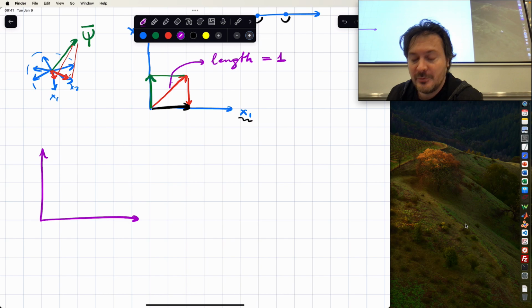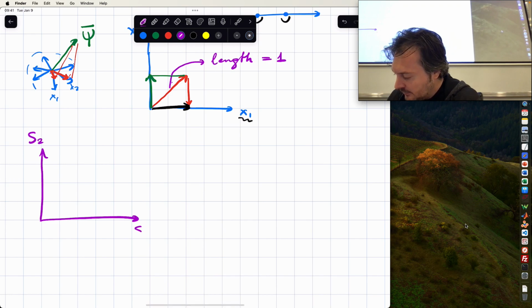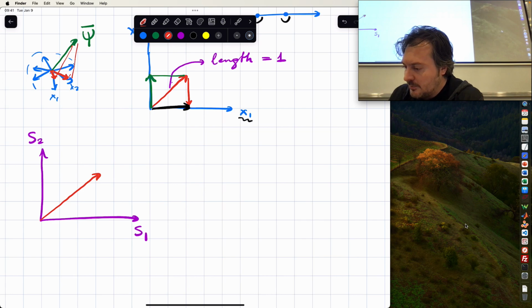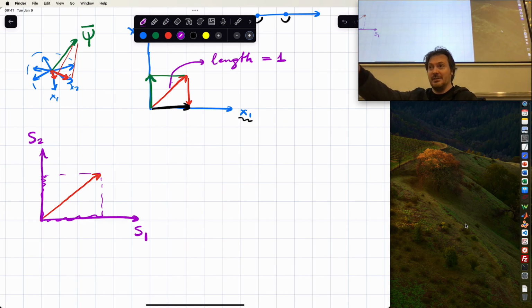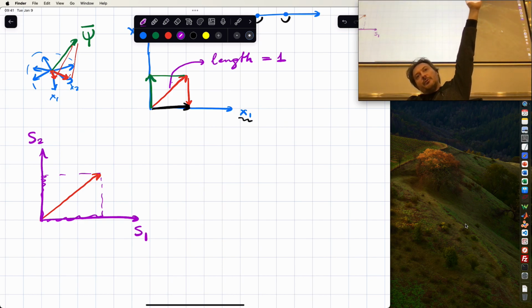You are measuring something, so I will write S. Okay, S1, S2. When you are measuring something, you are going to get S1 with this probability and S2 with this probability. Wait, sorry. That's how S1 and S2 are sitting right now, okay?